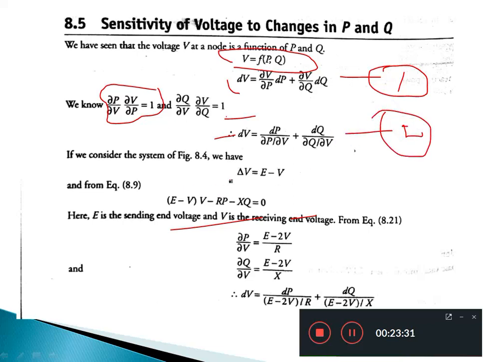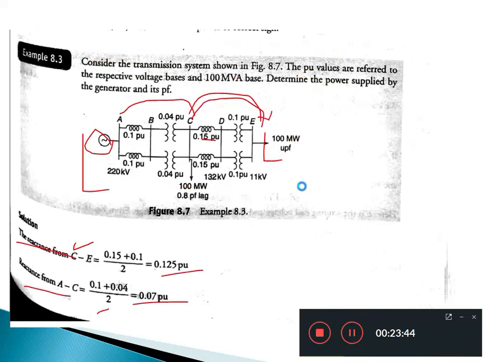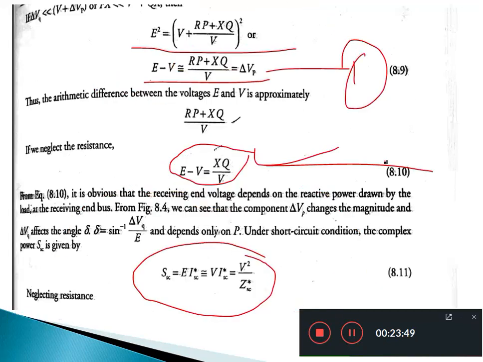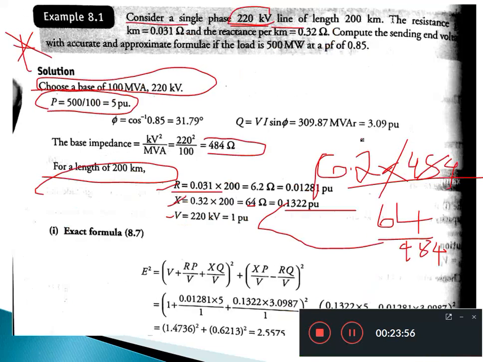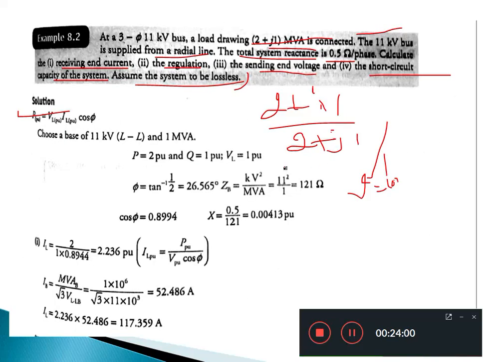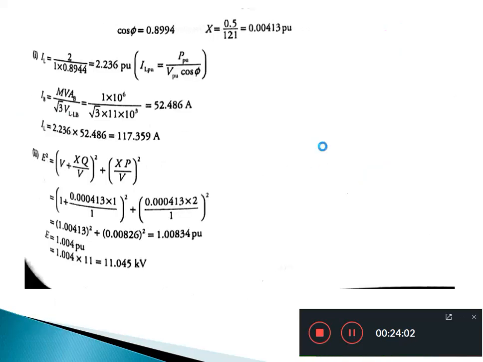From the equation we know that the change in voltage is given by the base voltage minus V. This is the standard equation that is used. Then you have to write the equation from equation 8.9, from the previously discussed equations. That is E minus V equal to delta Vp.